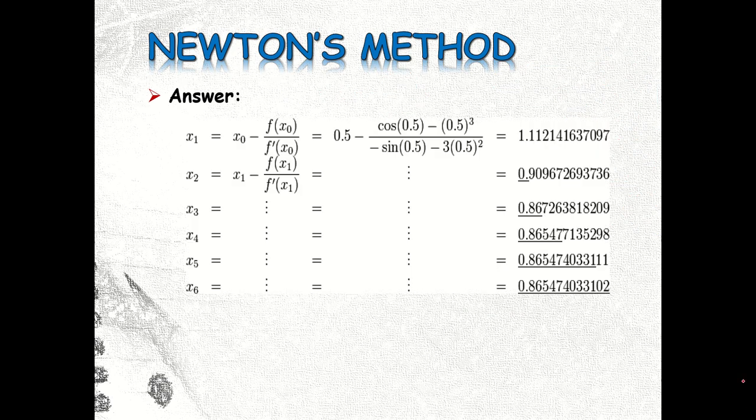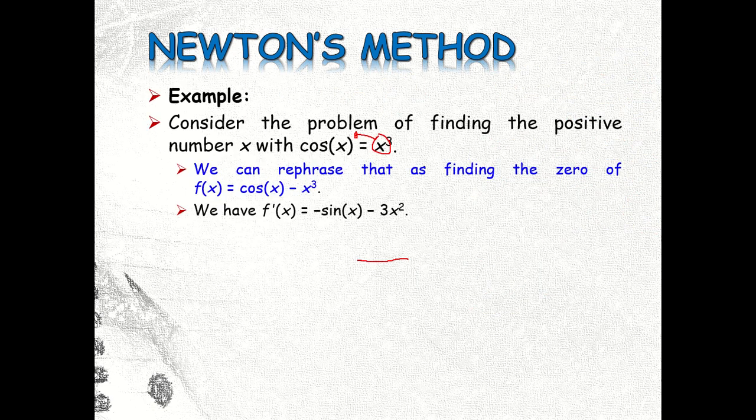So in summary, this is the result, class. When you substitute this value to the root, given the function cosine x equal to x cubed, either x sub 5 or x sub 6, this will hold true.